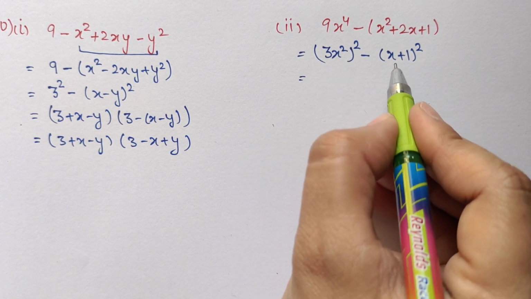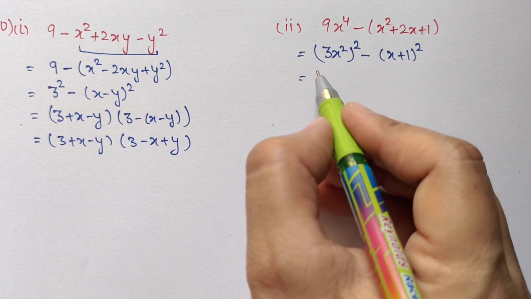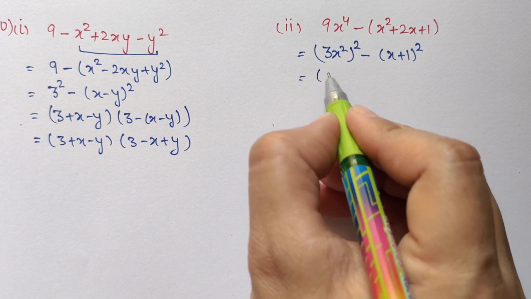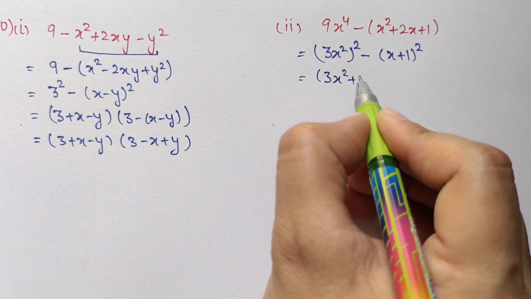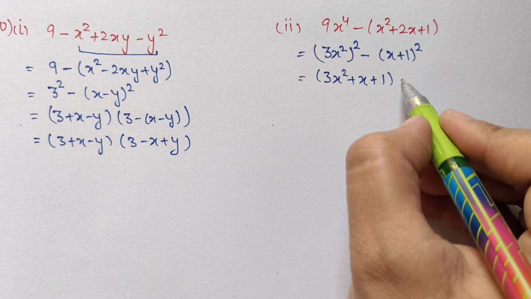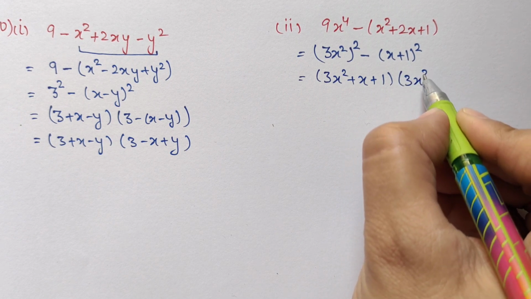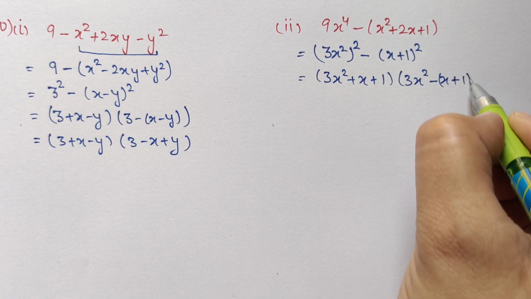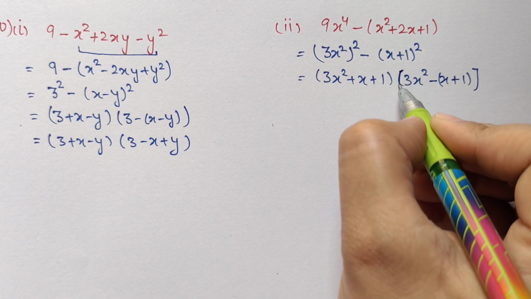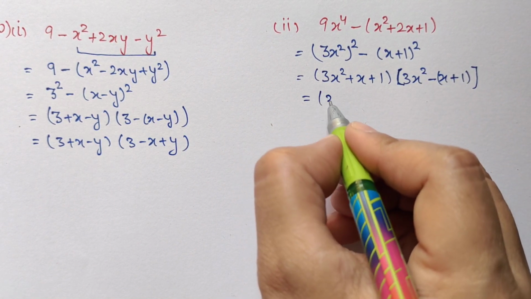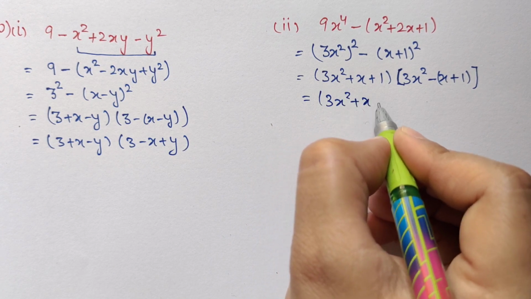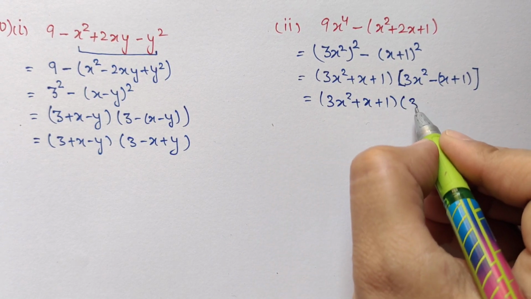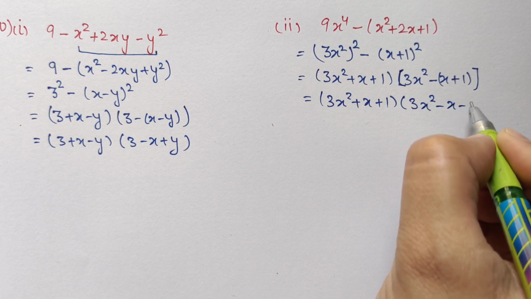Now it has changed into the a² − b² form. We can write it as (a + b), (3x² + x + 1), and (a − b), (3x² − x − 1). So change this, remove this bracket: (3x² + x + 1), and this will be (3x² − x − 1).